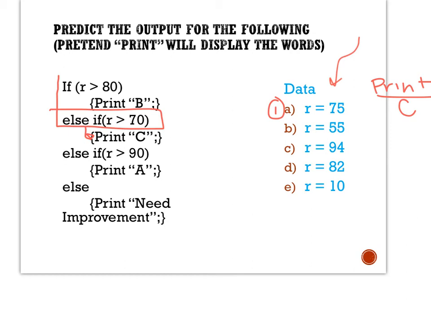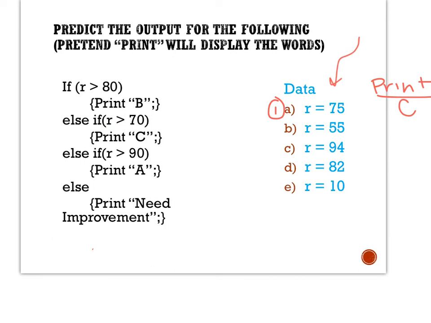And then your computer says, oh, I found something that's already true. I'm going to jump all the way down to here, and I'm going to continue running the code. So it skips the whole rest of it. It doesn't check anything else. It says, I found the first thing that was true. I'm going to skip to the bottom, and I'm going to keep running the code that's after the conditional. So there's our first example.